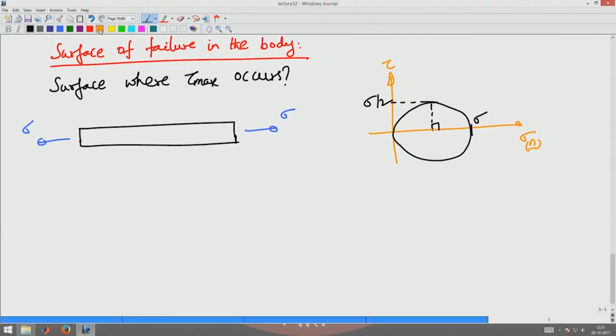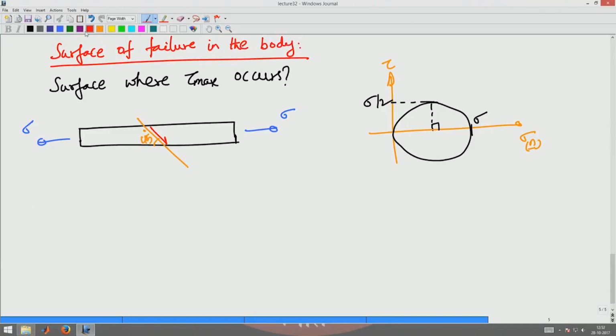So, basically if I segment this by a 45-degree cut, I know that the shear stress here is maximum. And hence this body will fail by shearing along this region, it will shear off along that region.